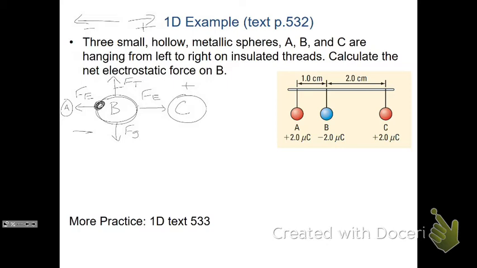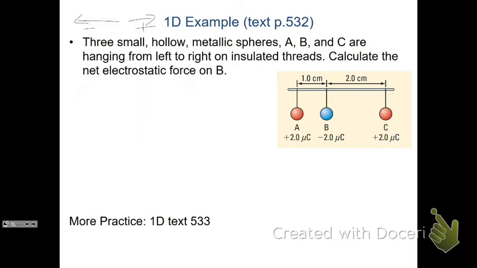Okay, so I'm going to erase this just for the sake of my space. You guys good if I erase the free body diagram? Okay, and then I'm also going to do another, not a free body diagram, but a free body diagram equation.